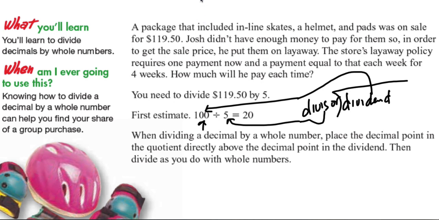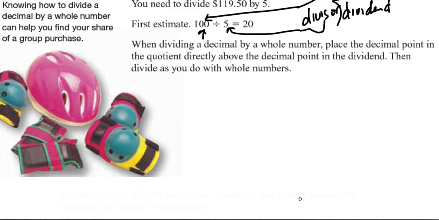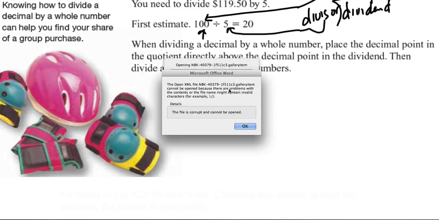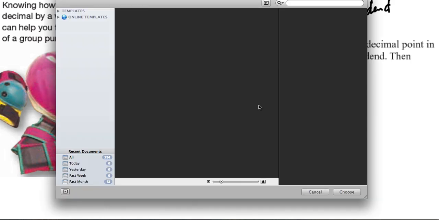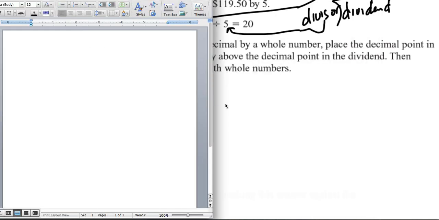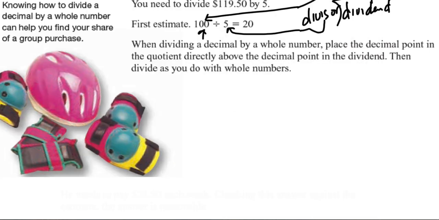Let's take a look at how this is done when you're dividing 119.5 by 5. The first thing we need to do is put 119.5 inside the house.